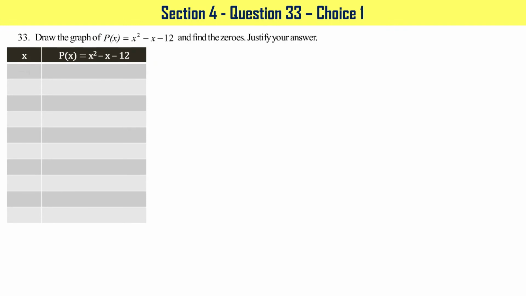When I take x equal to minus 4 and substitute for x square minus x minus 12, then p of x is going to be 8.